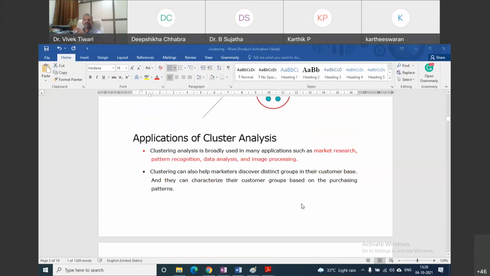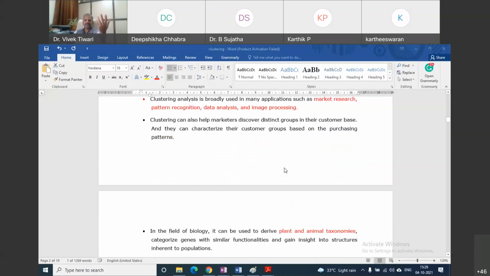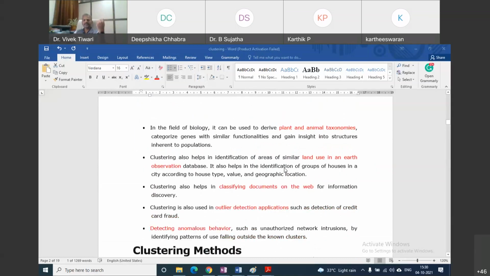I will not go much into the clustering applications. Clustering is used in, I think, every area that you can imagine. It starts from market analysis, pattern recognition, data analysis, image processing, market basket analysis, customer behavior pattern, customer buying pattern understanding, and taxonomy.